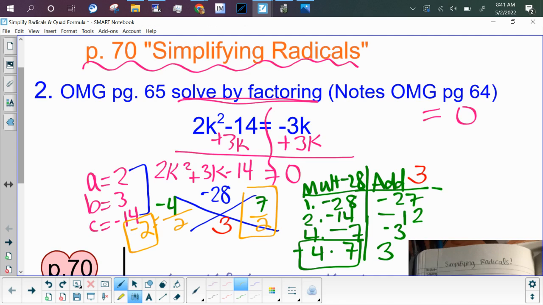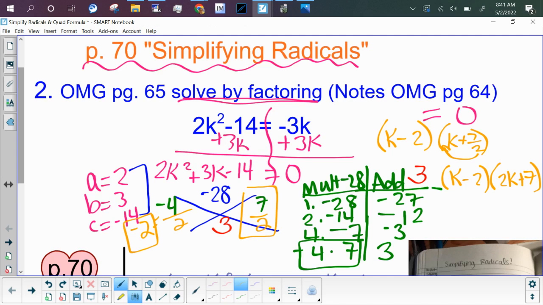Okay, so now I'm ready to put it inside the parentheses. So I've got 2 parentheses. I've got a K minus 2 and a K plus 7 over 2. Remember, I've got to do the loop-de-loo with the denominator. So I've got K minus 2 and 2K plus 7.